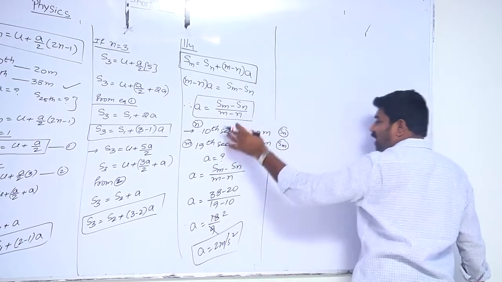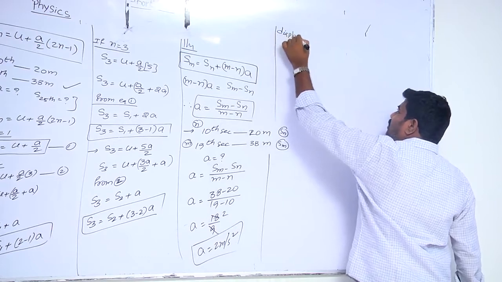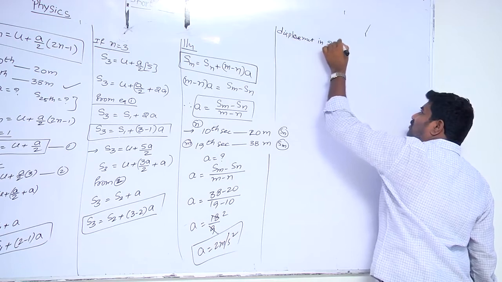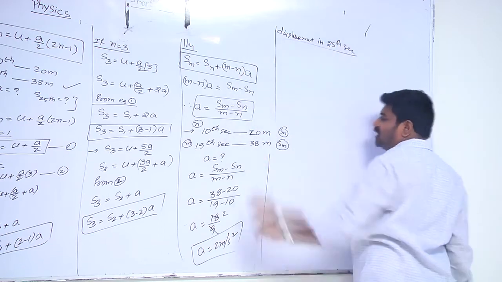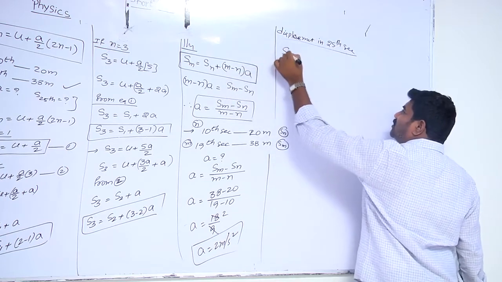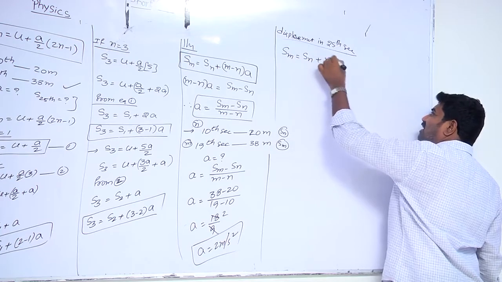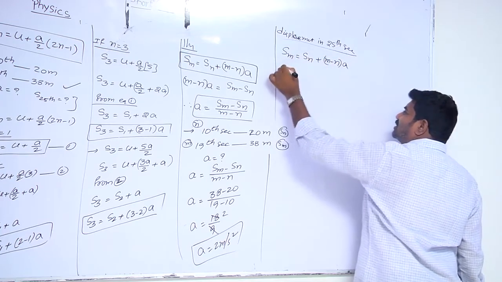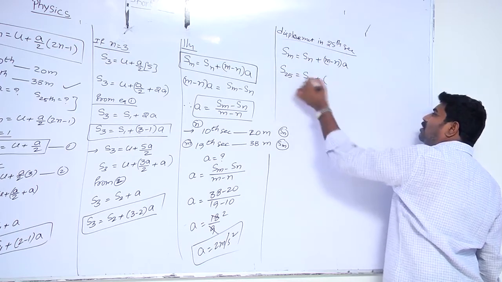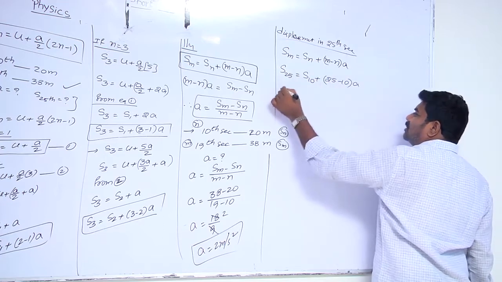So what is the displacement in the 25th second? We are using the formula Sm is equal to Sn plus (m minus n) into a. S25 is equal to S10 plus (25 minus 10) into acceleration.